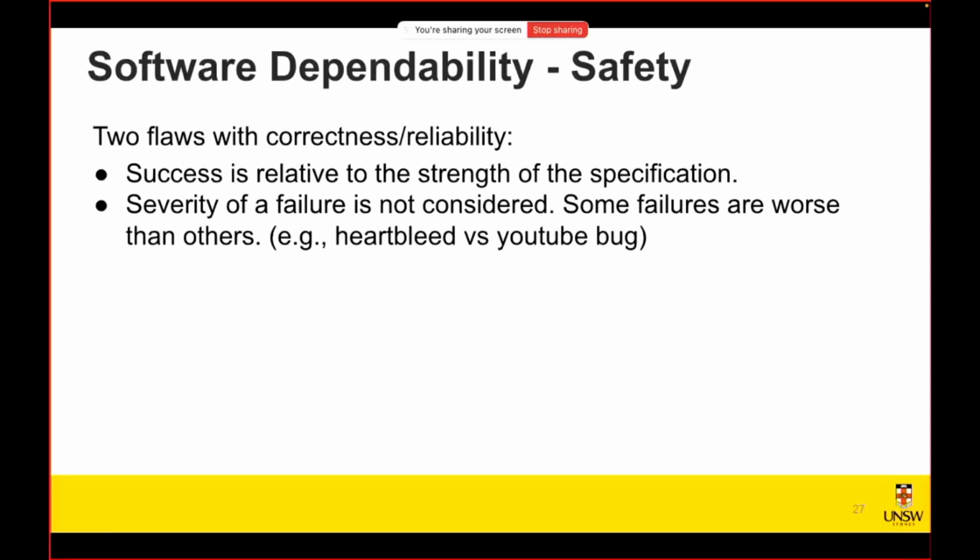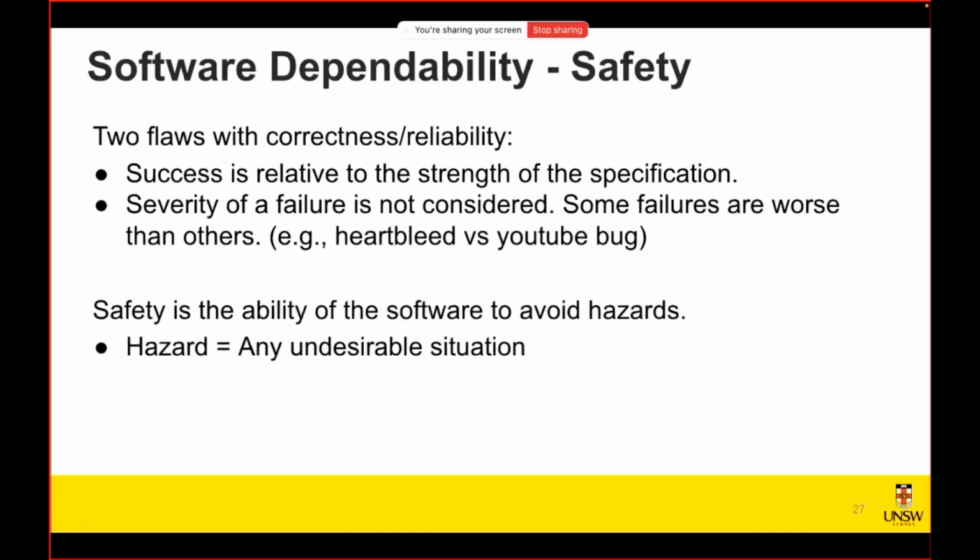So the severity of the failure is not measured by the previous two properties. Some failures are definitely worse than others. For example, the Heartbleed one is more severe than the YouTube bug. So that's why we introduce safety.